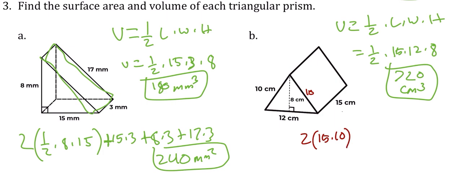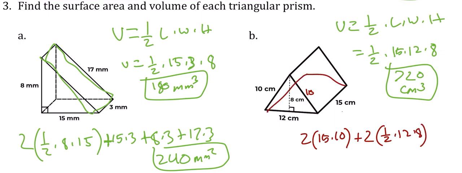And then we're going to have the triangle face here in the front. We know that same thing is going to be in the back, we just can't see it. So since we have 2 of those, we'll say 2 times the triangle area formula, 1/2 times base times height, so 1/2 times 12 times 8.